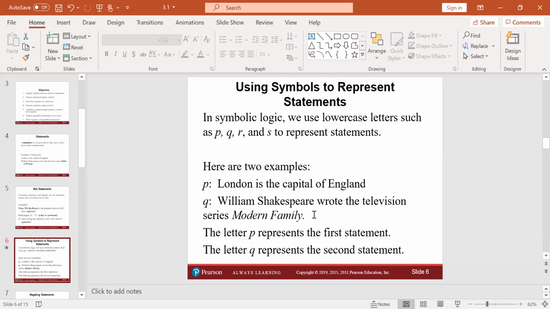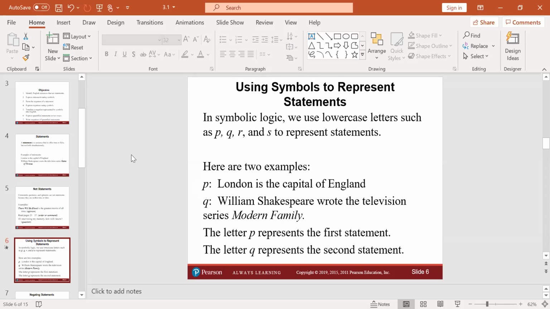These statements may be known, but whenever we're doing some of the operations we're about to be doing with these statements, it's going to be a pain to have to constantly write the entire statement, especially if it's particularly wordy. So we're going to use P's, Q's, R's, maybe we'll see an S, and we're going to simplify our lives. We're going to start using symbols to relate and compound those statements together.